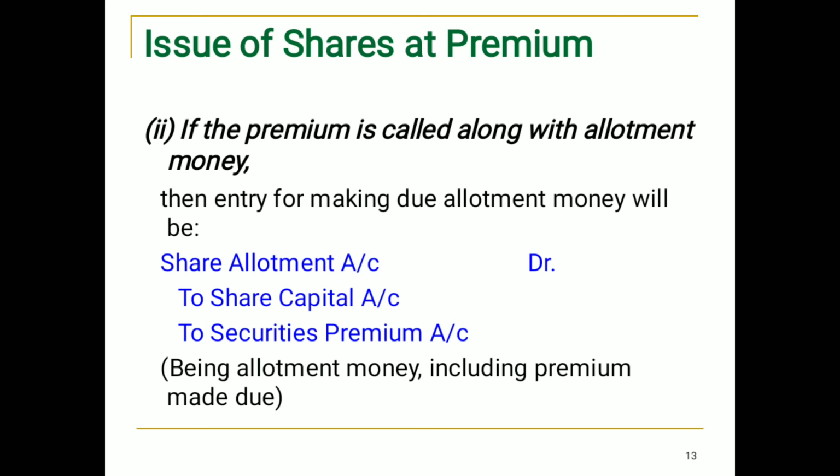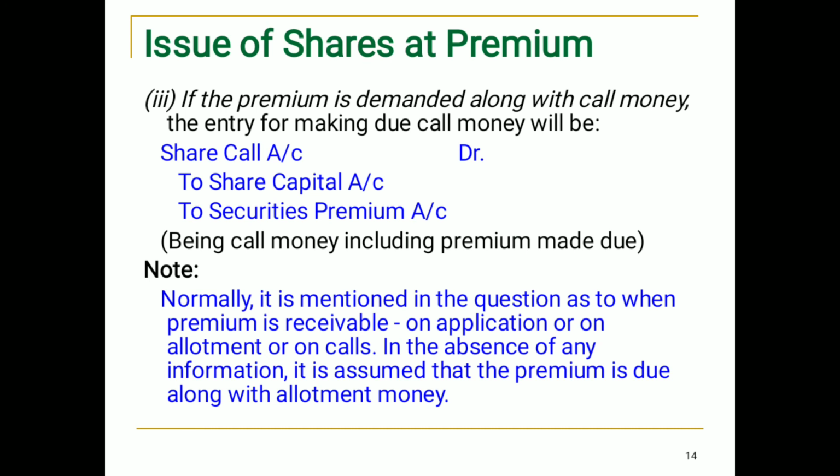Next, if the amount of premium has been called up along with call, then again the journal entry remains the same up till here. An additional account for transferring the amount of premium will be here, that is, to securities premium account. Rest of the journal entries remain the same.